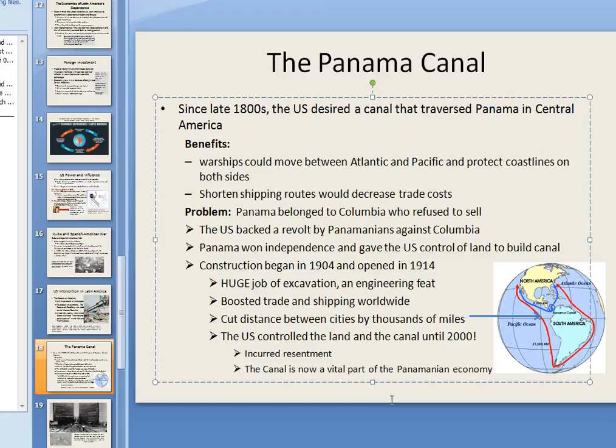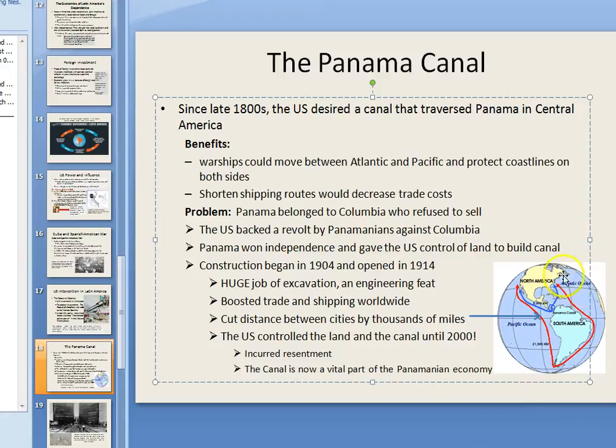This really boosted trade and shipping worldwide. It cut the distance between cities by thousands of miles. But sometimes Panama was resentful that we had control of that area, and we controlled the land and the canal until 2000.